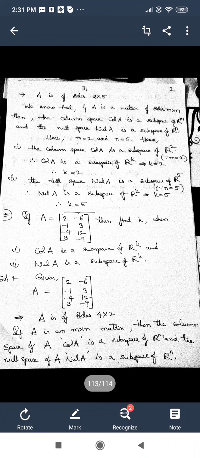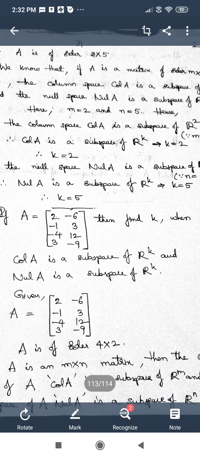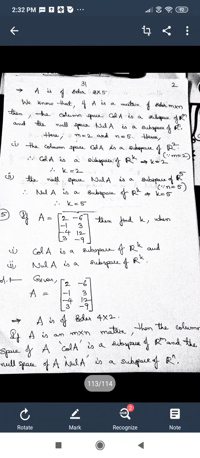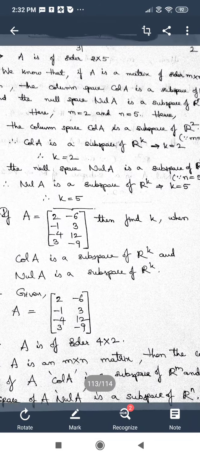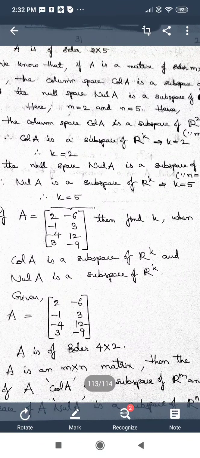Therefore, the column space column A is a subspace of R2, because the number of rows in the matrix A is 2. Now if column A is a subspace of Rk, then K should have the value 2. Therefore K is equal to 2.